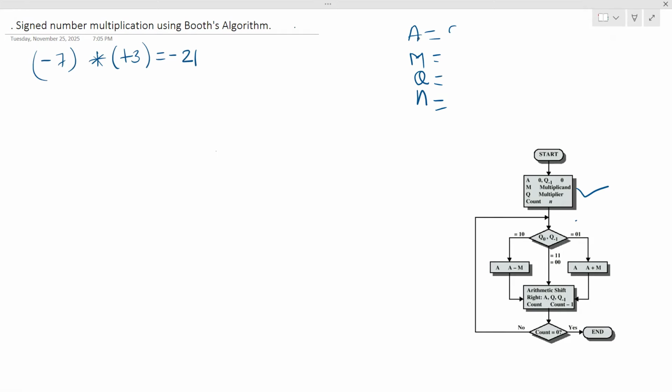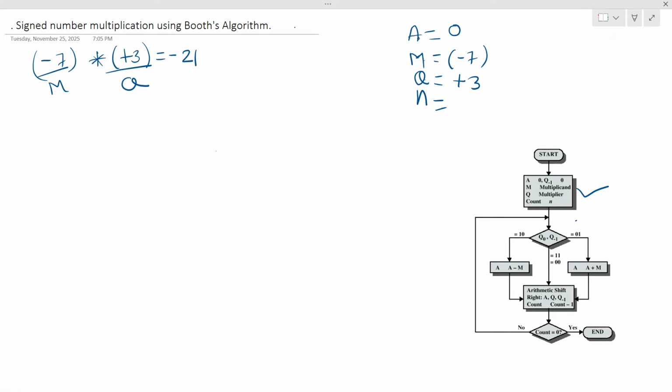The accumulator is initialized to 0. The number of bits for the accumulator is equal to the number of bits used to represent m and q. So first we will represent m and q. m is the multiplicand while q is the multiplier. m is -7 and q is +3.